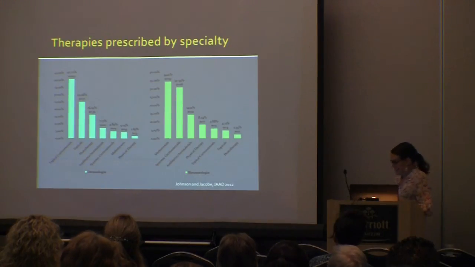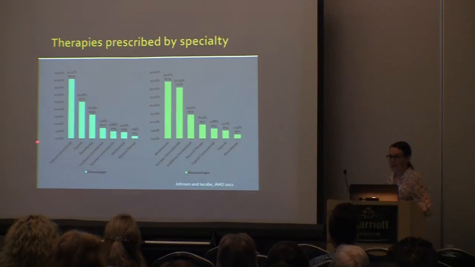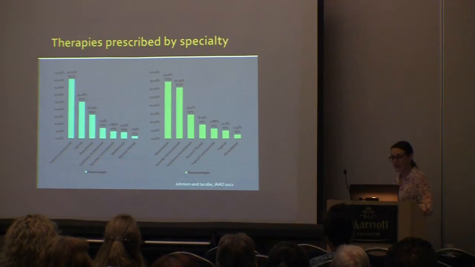And the problem is that creams are not appropriate for everyone, and methotrexate and steroids are not appropriate for everyone. So the best advice I have is you need to see someone with experience, because when we surveyed people who had experience, they were much more consistent with what is currently considered the current practice guidelines.